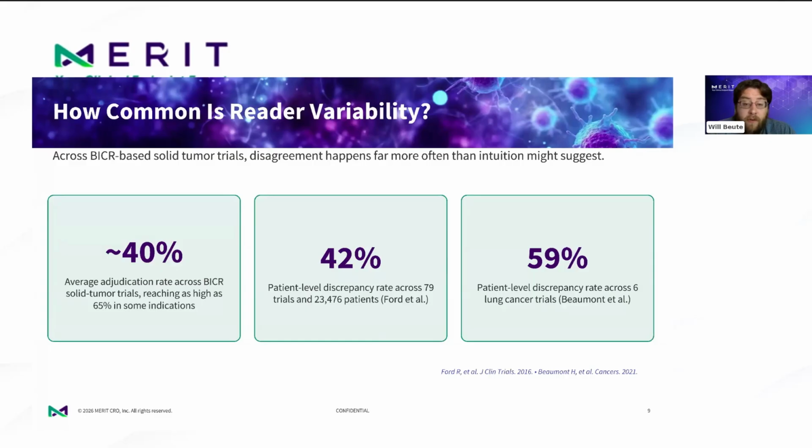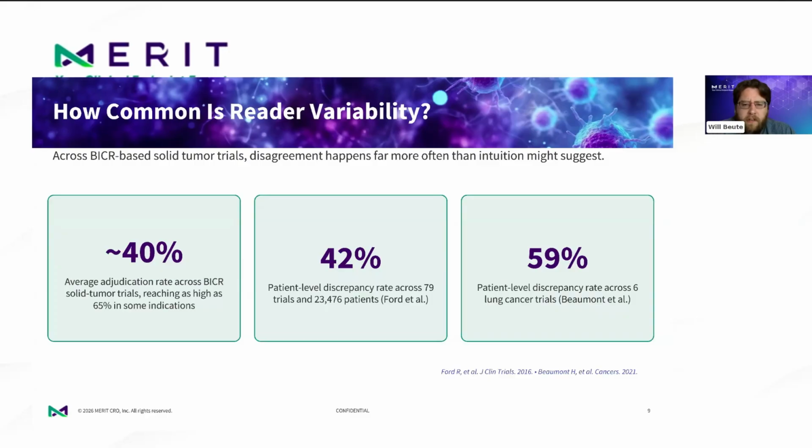If you take an average across BICR solid tumor trials, the adjudication rate sits at roughly 40%, and in some indications, it climbs as high as 65%. So in some studies, two qualified independent experts can disagree on nearly 2 out of every 3 patients.